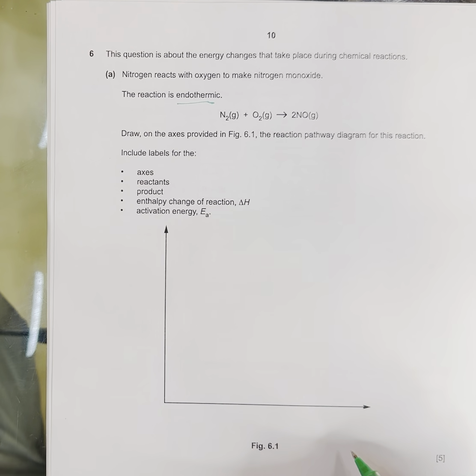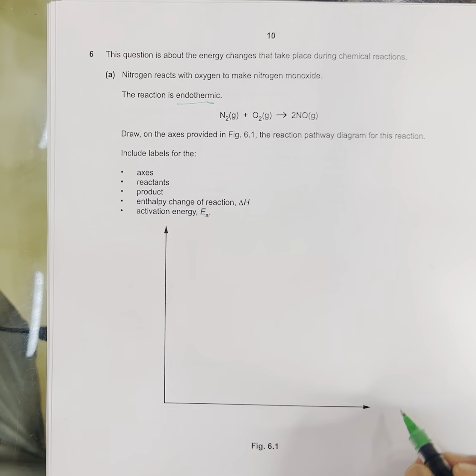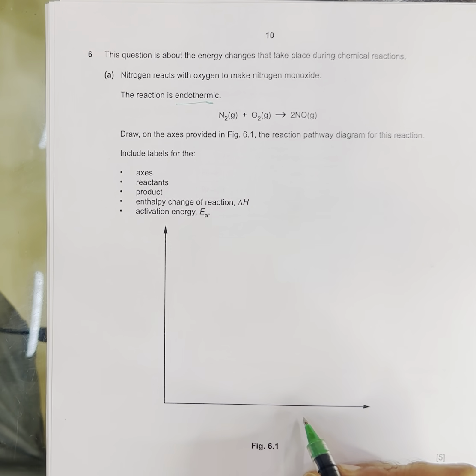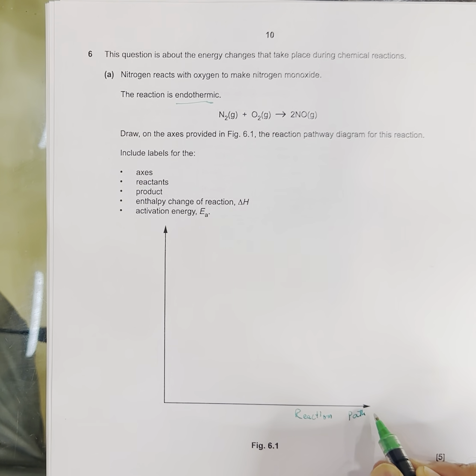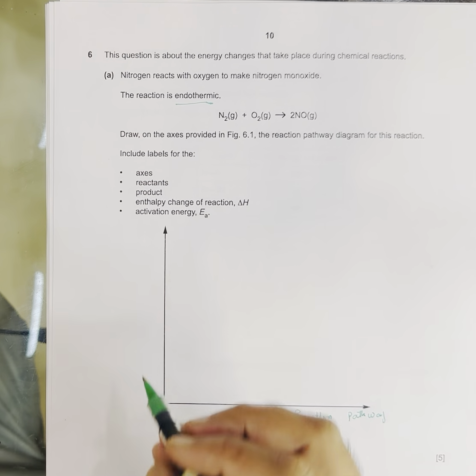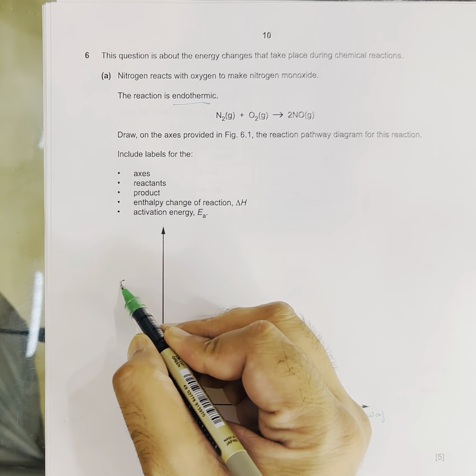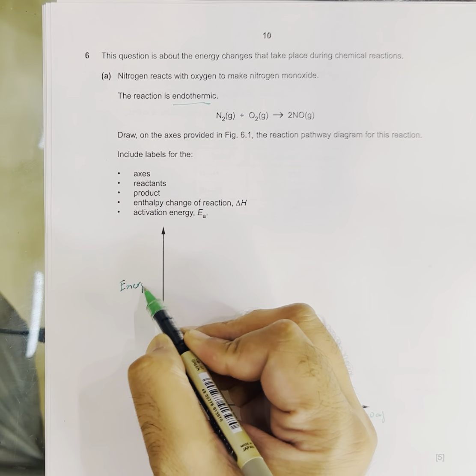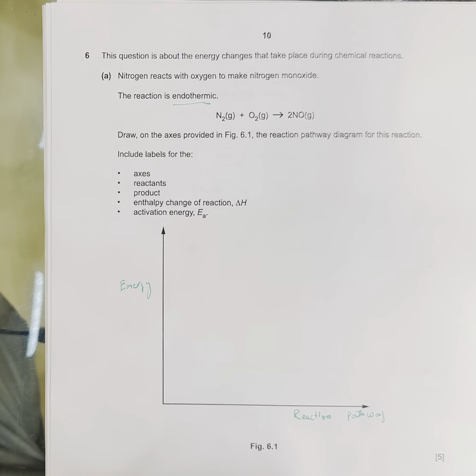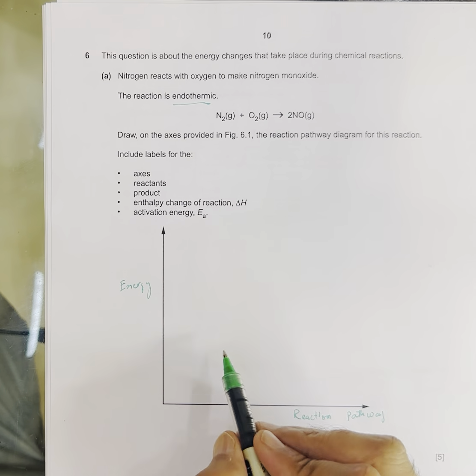First we need to plot the axes of the reaction. We need to write here, that is reaction pathway. Now on the y-axis we will write energy. Now we need to plot it.